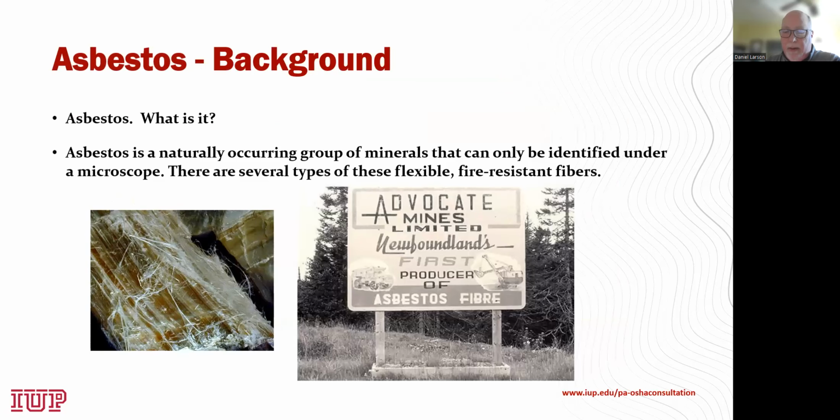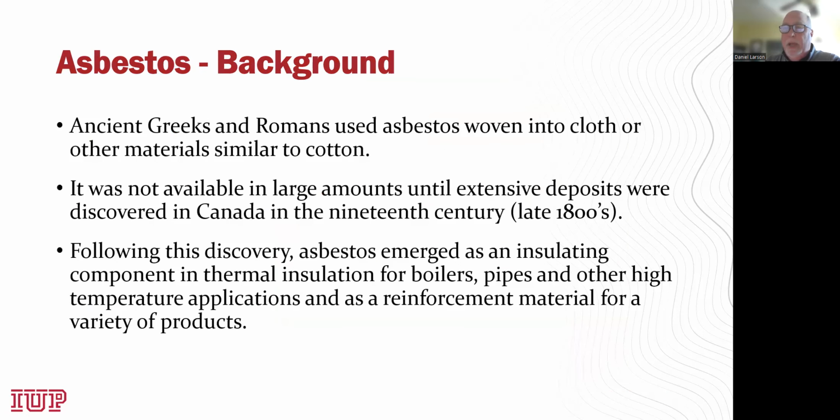So let's start with a little background on asbestos. It's a naturally occurring group of minerals that can only be identified under a microscope. There are several different types of these minerals, and they are found to be very flexible and very fire resistant. If you go back far enough, you see writings from the Greeks and the Romans where they actually used asbestos, where they wove it into materials similar to cotton.